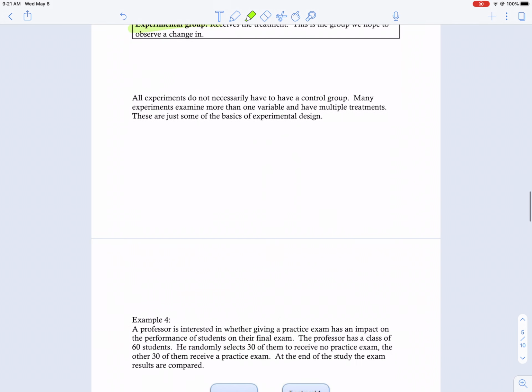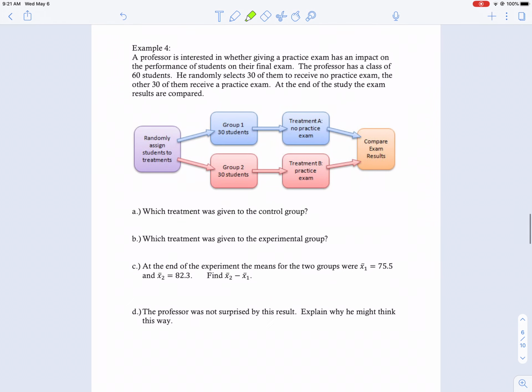These are just some ways to design an experiment. Okay, so take a look at number 4. It says a professor is interested in whether giving a practice exam has an impact on the performance of students on their final exam. The professor has a class of 60 students. He randomly selects 30 of them, so half the class, to receive no practice exam.